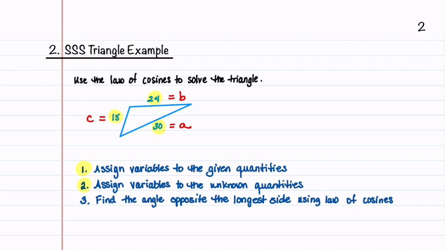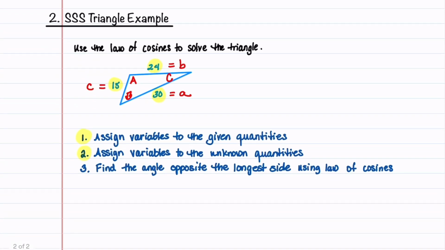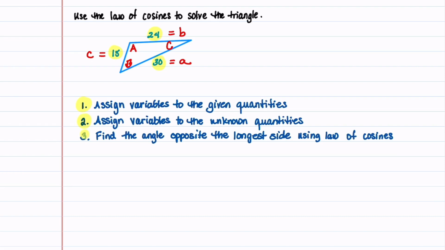We'll then assign variables to the unknown quantities. These are our angles. Our angle opposite side A we will call A, and then the angle opposite side B is B, and then lastly, our third angle is C. Our next step is to find the angle opposite the longest side using the law of cosines.